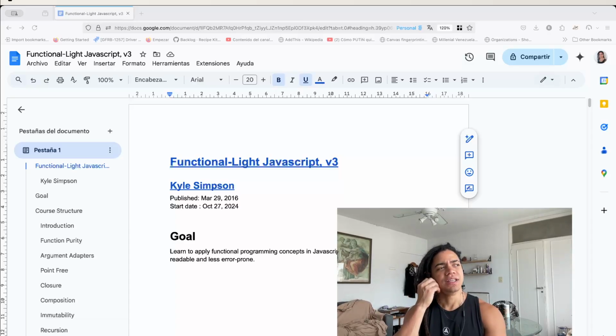Now, you might wonder why this is important, why this is relevant. Because at the end of the day, as a JavaScript developer, you are going to write a lot of code if you're building something, but also you're going to read a lot of code if you're going to provide your services to any company, right?